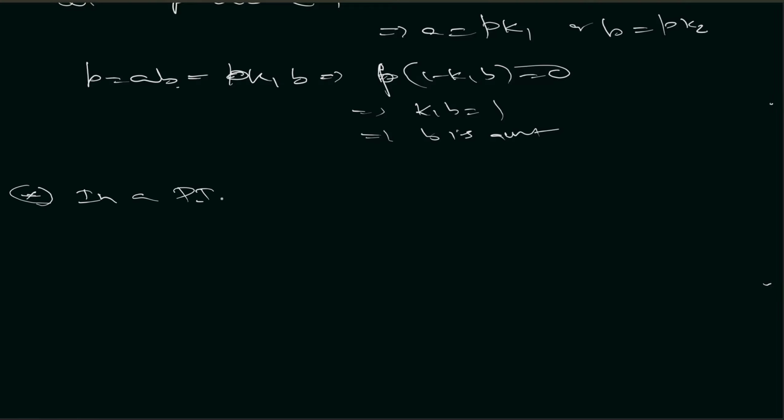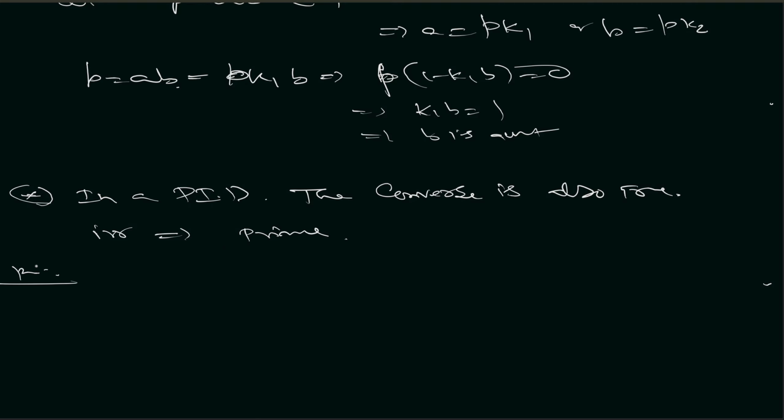In a PID, the converse is also true. That is, irreducible implies prime. How do you show it? A similar kind of proof.